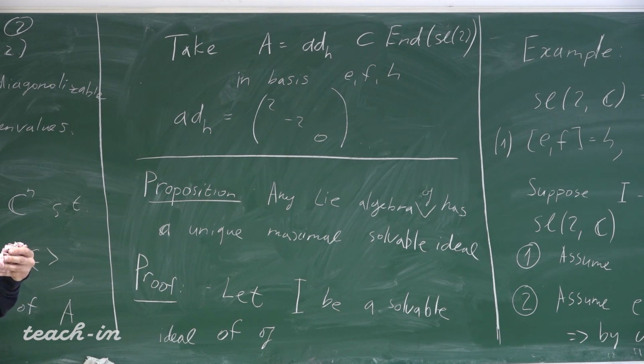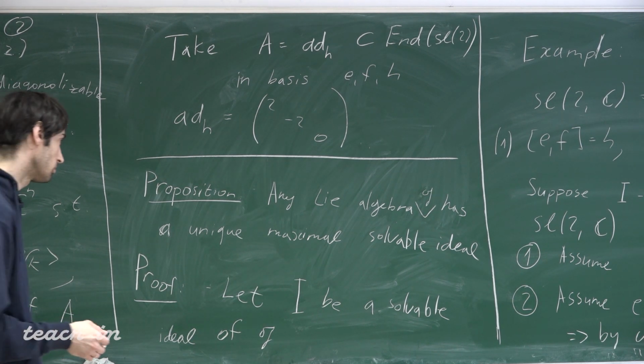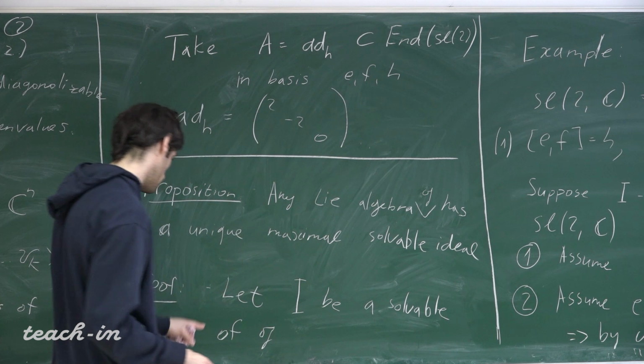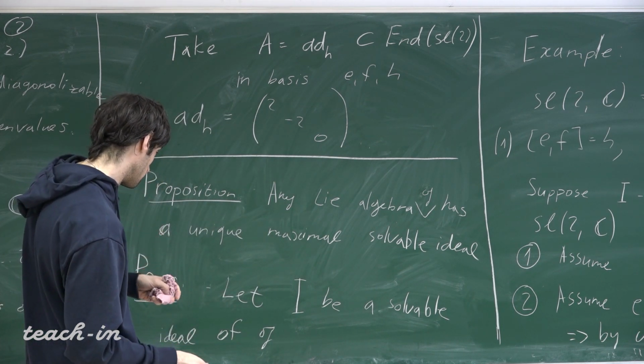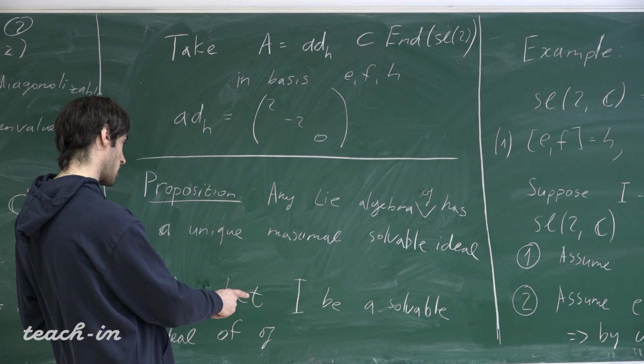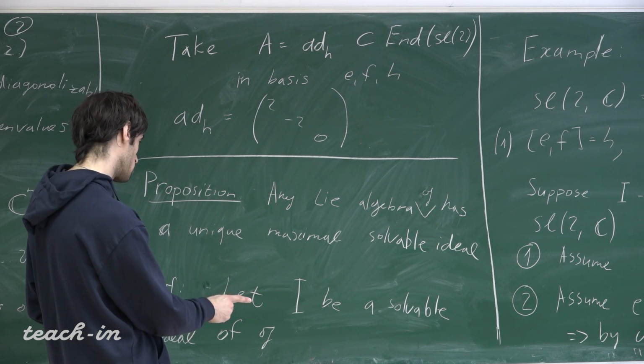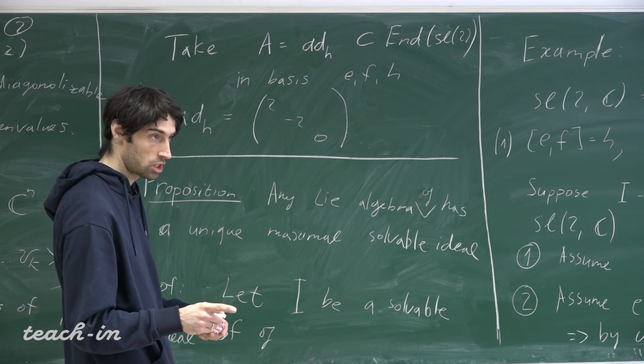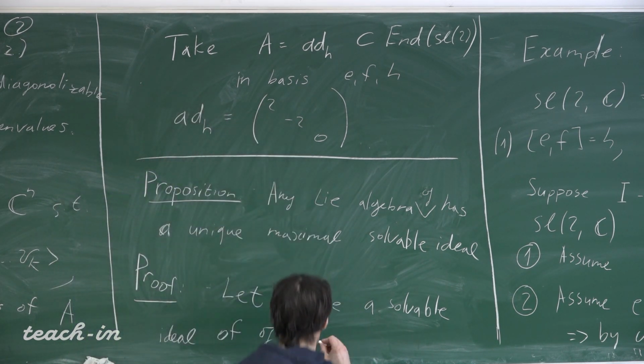So if you found something that contains this ideal, then it is G itself. There's nothing between G and this ideal with respect to inclusion. Okay, thank you. So let us take I, a solvable ideal of maximal possible dimension.